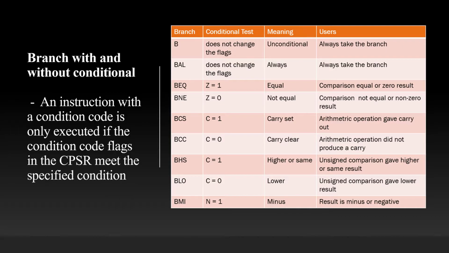If Z equals 1, the branch is taken. If Z is 0 instead, it does not meet the requirement and the branch is not taken. If the branch is not taken, it will continue to the next instruction.